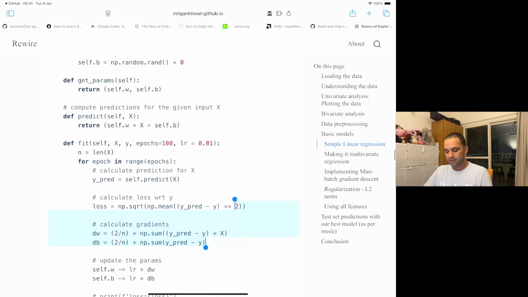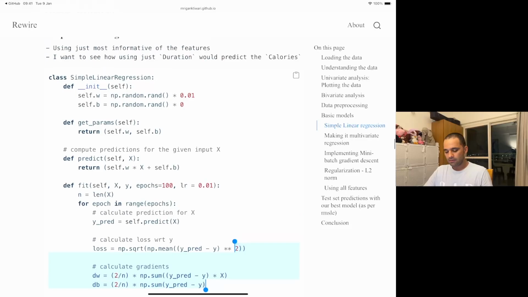Now the easy thing here was that we had only a scalar weight, so it was pretty easy to do the derivation. Now let's go ahead and do the derivation for weights when there is more than one feature getting input into the linear regression model.